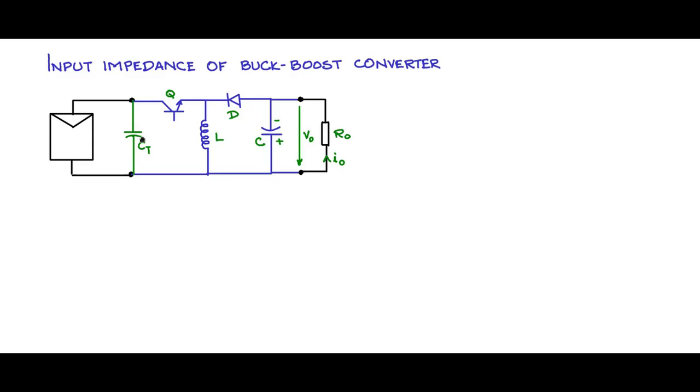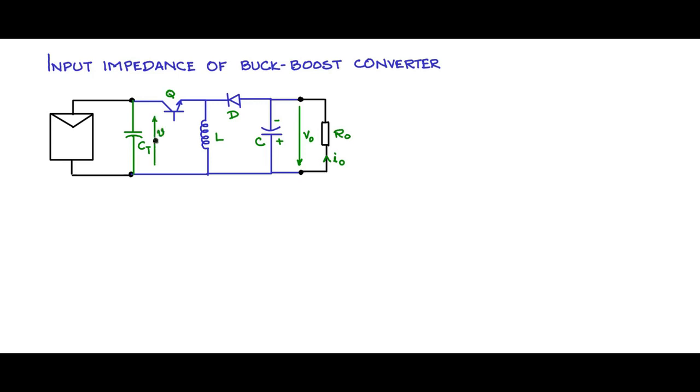Along similar arguments that we made for the buck converter, we need to put a capacitor here so that the current from the panel is smooth and continuous, and you can effectively take peak power from the panel at every instant of time.